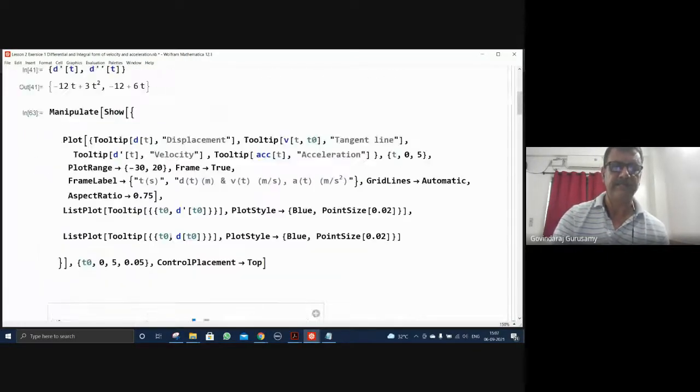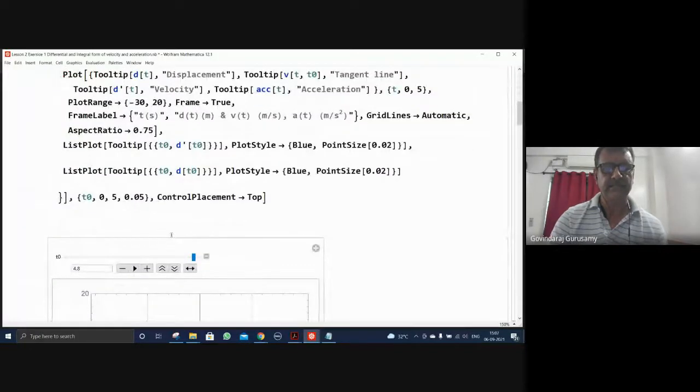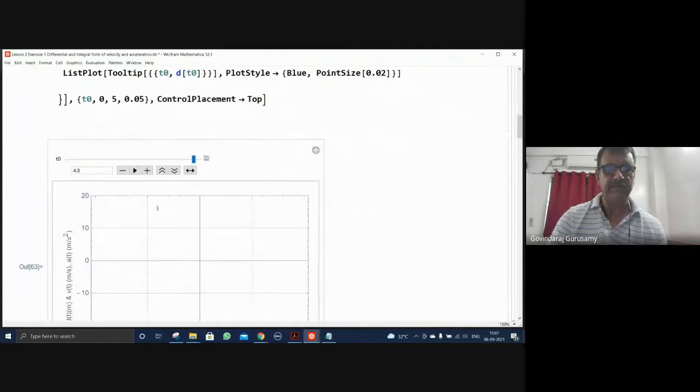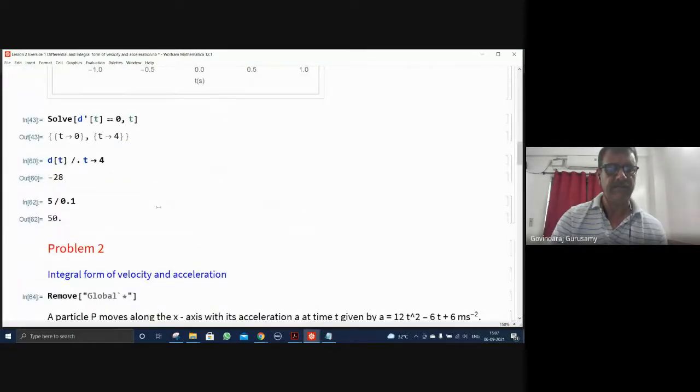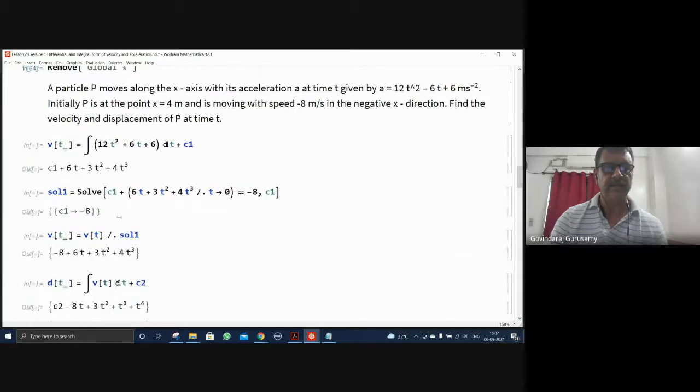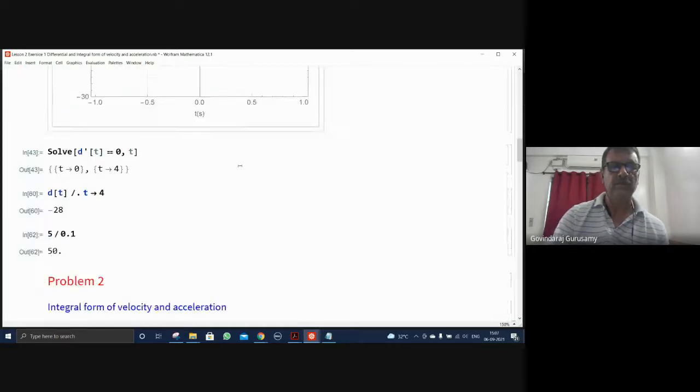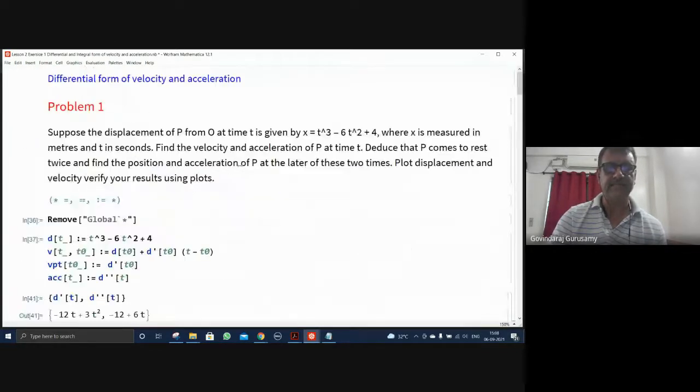That direction is fixed. In this case, this is a one-dimensional problem. So it is important to remember that we need to have a fixed reference axis, and our problem handles vector quantities with reference to this axis. This is a one-dimensional problem we are handling right now, because the problem clearly states P moves along the x direction.